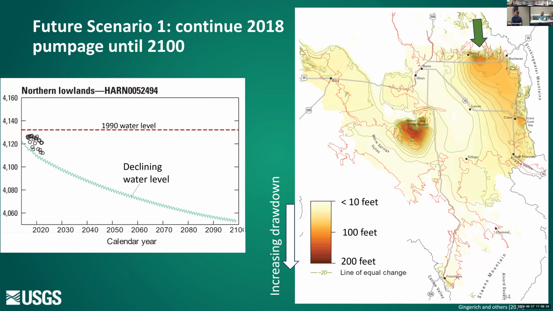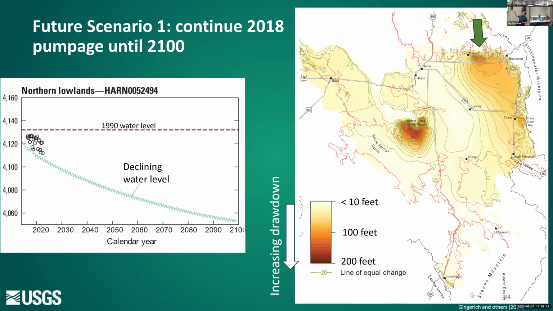And here's an example of a well north of Highway 20 on the right here. Starting at the end of 2018 and going forward, we have water level declines continuing through the entire rest of the century. For that particular case, about 70 feet of decline through time at that well.